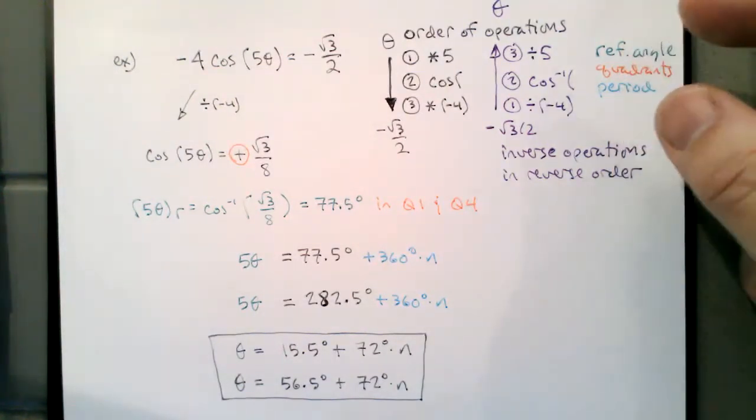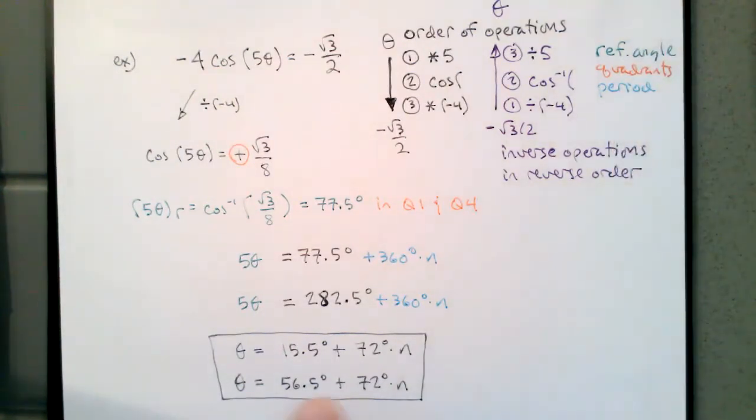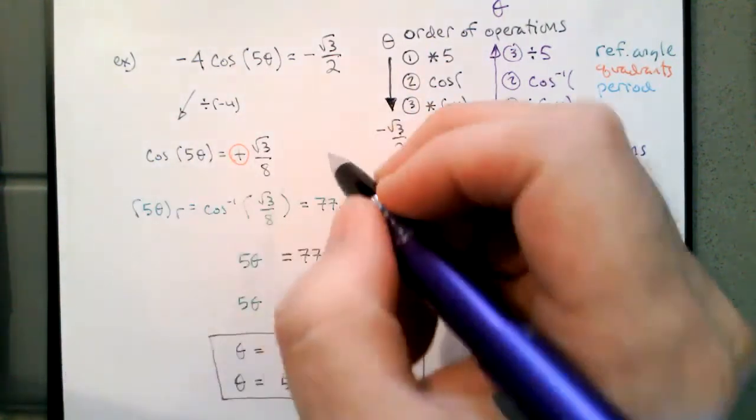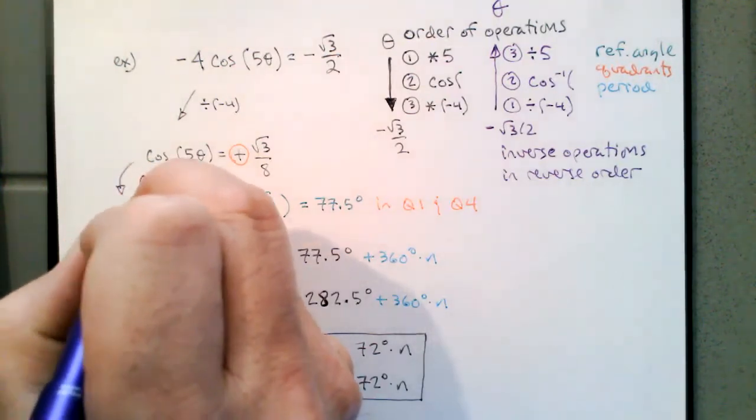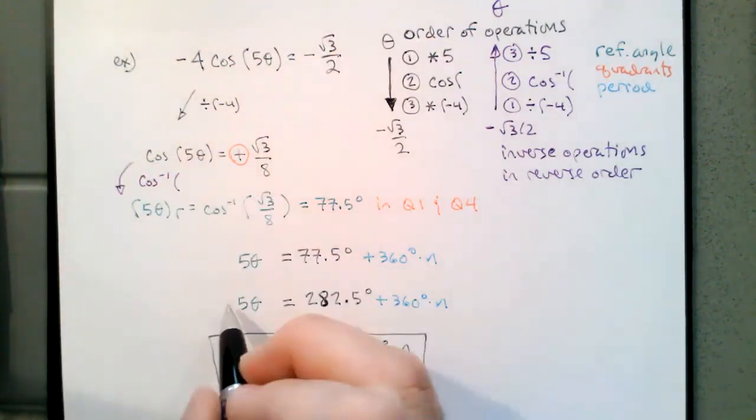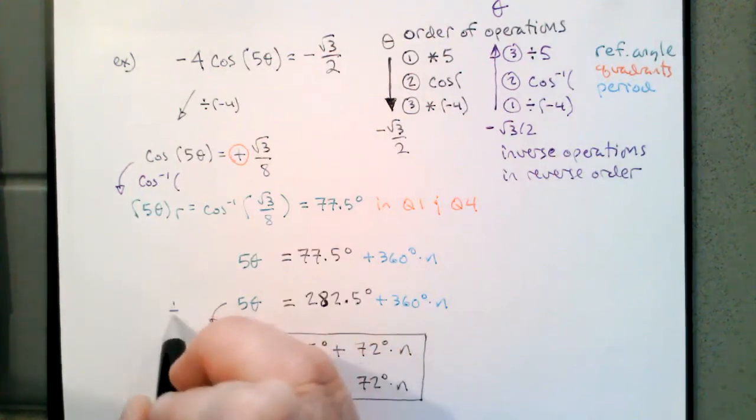We can figure out what our plan is going to be before we start doing any work. The first thing we did was we divided by the -4. Then we did the cosine inverse thing. And then we did the divide by 5.